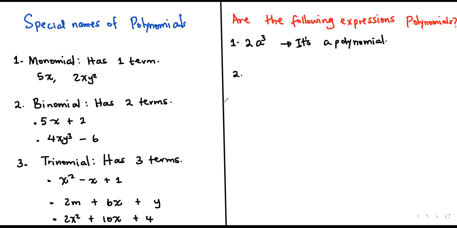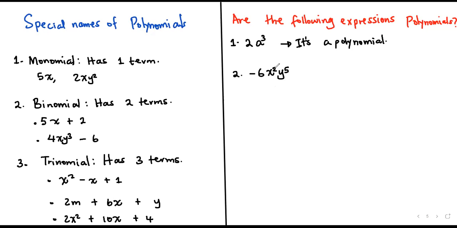Let's have number 2. We have -6x squared y to the power of 5. So what do you think about this? We can see that this is a product of a number that is -6 and then two variables that is x and y.